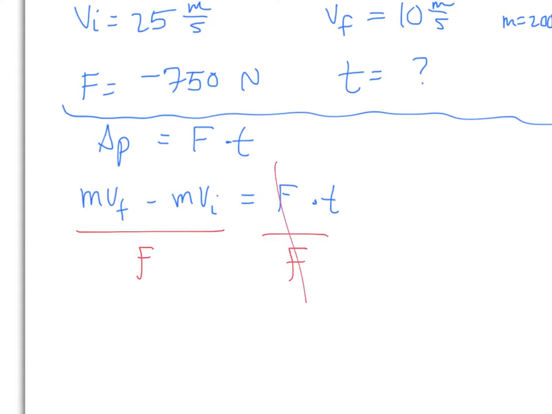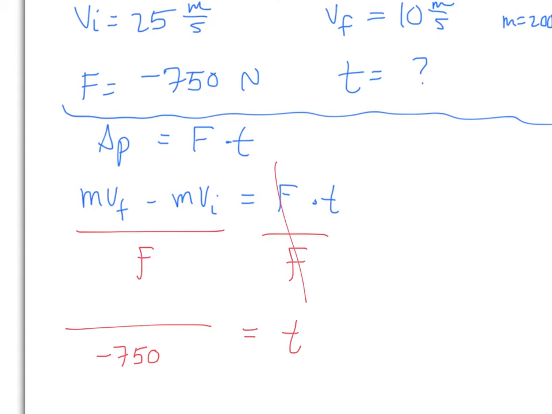A simple problem. Again, part A is quite simple for this one. We're looking for the time it takes, so we divide by force. What kind of an answer are you going to get if it's time? It's got to be positive. So if you forgot that negative for the 750 in the bottom, you'd probably get a negative answer and say to yourself, what did I do wrong here?